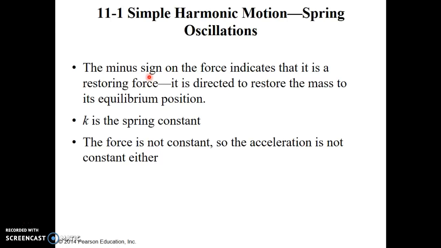Meaning if you pull the spring out, give it a positive x, the force will be negative, pushing it back in. But if you push it so it has a negative x, then two negatives makes it positive. You have a positive force pushing it back out. So the minus sign always restores it back to its equilibrium position.